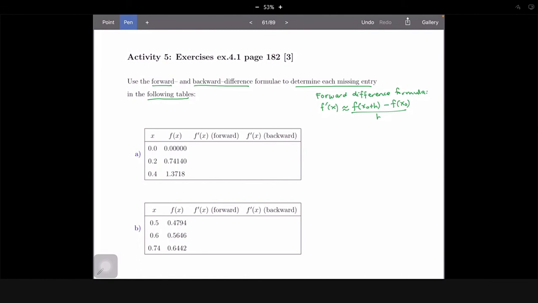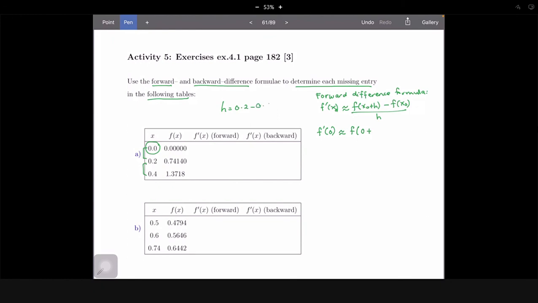Okay, so kalau dia nak cari the derivative of f x0, so apa yang kita perlu buat adalah, x0 kat sini. So f0 plus h. H ni adalah apa dia? H ni adalah beza antara dua ni. So h is equal to 0.2 minus 0.0.